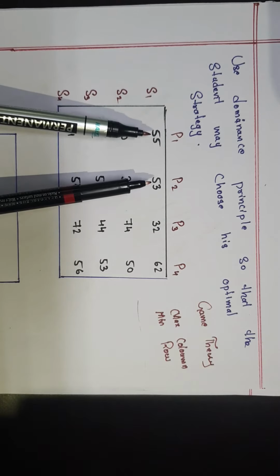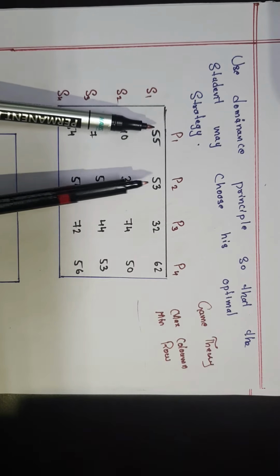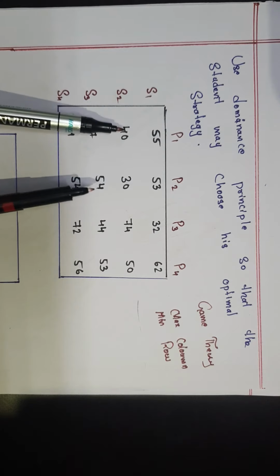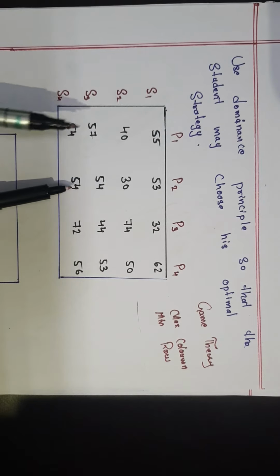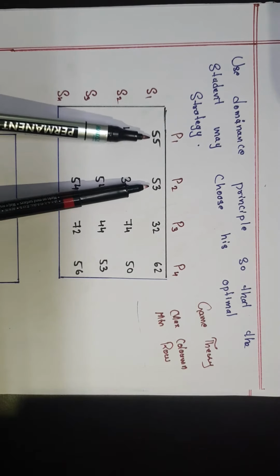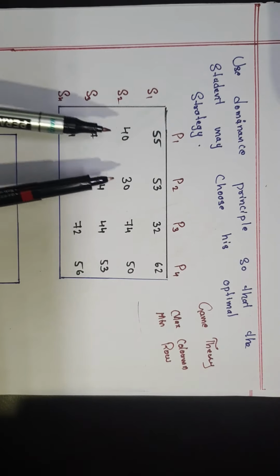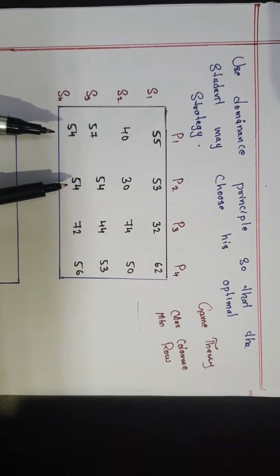In P1 and P2, P1 is maximum in every row, maximum or equal.